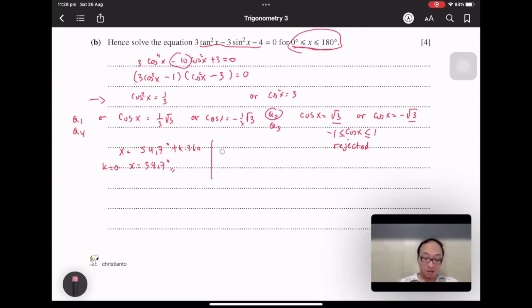So that means x here, with negative 1 over root 3 in the second quadrant, is 180 minus this value plus k times 360, so equals 125.2 plus k times 360. So for k equals 0, x equals 125.2 degrees. So we have two answers.